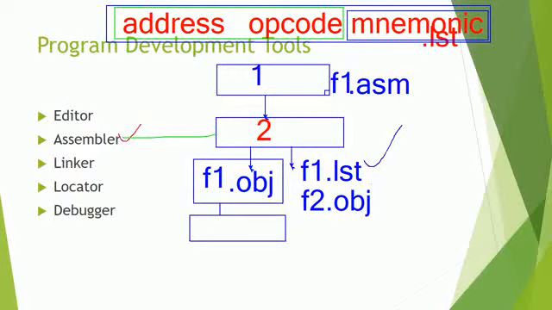The linker accepts the different .obj files and links all the .obj files together as one program. Now the question comes: why do we need different .obj files?